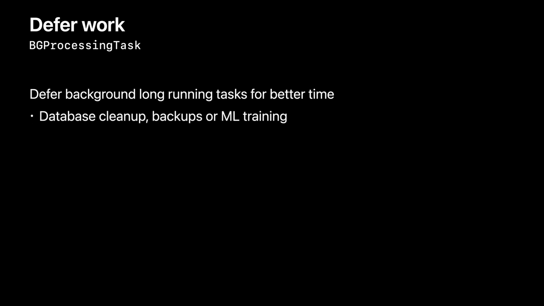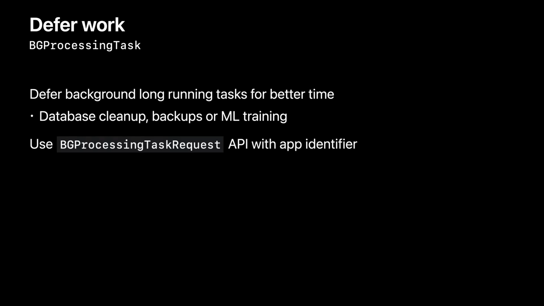BG processing task lets you defer long-running processing tasks to a better time, such as when the device is charging. It's great for tasks like database cleanup, creating backups, and running machine learning training. To use it, you simply create a request by using BG Processing Task Request API and provide an application identifier.